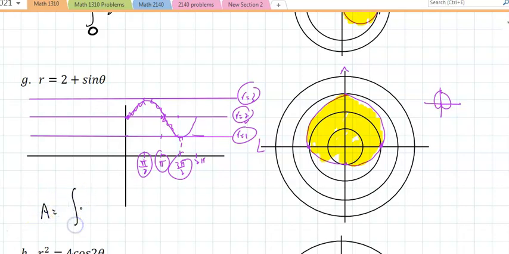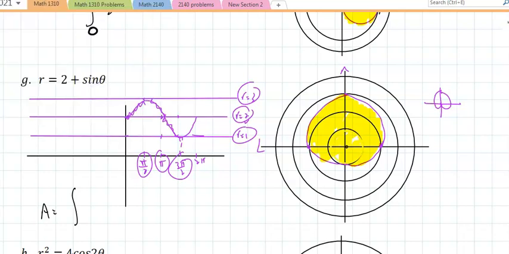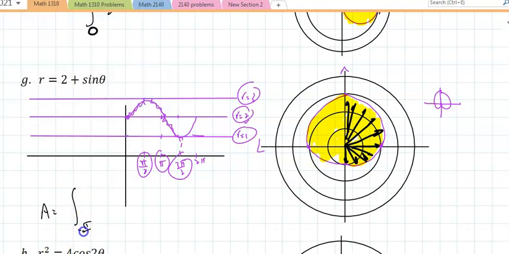One way of doing this is if you start at negative pi over 2 to pi over 2, that will do the trick, because you notice you're running straight up. So you could say, let's start from negative pi over 2 to pi over 2 of 1/2 r squared d theta, and r is 2 plus the sine of theta.